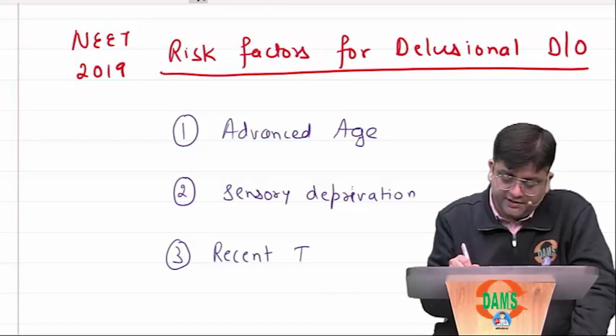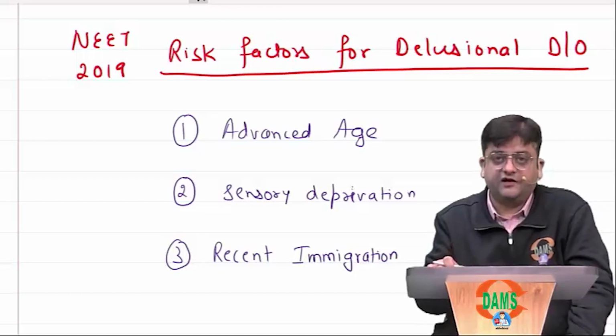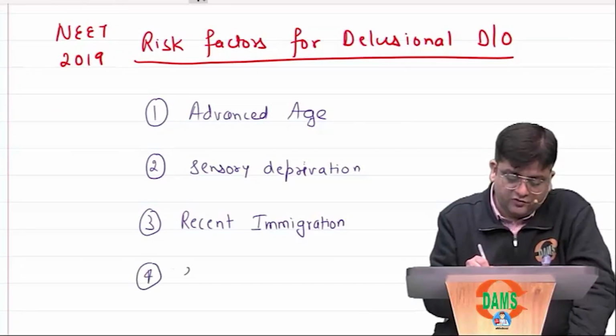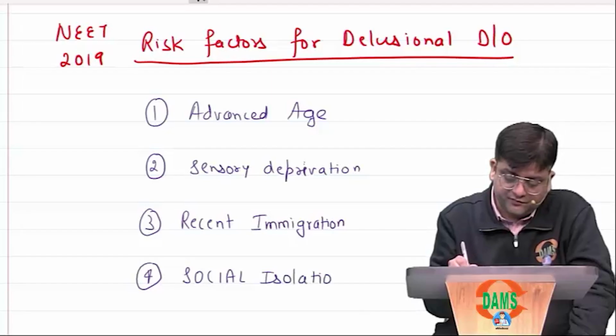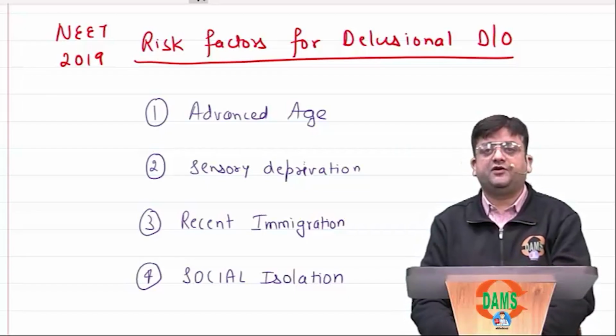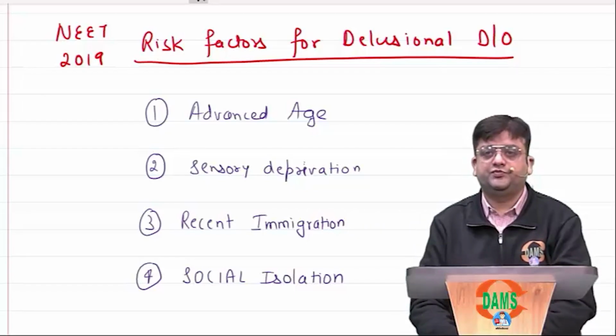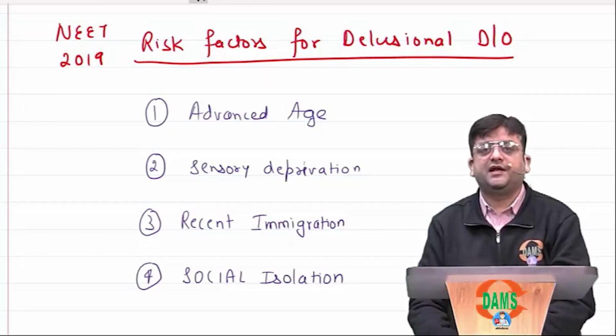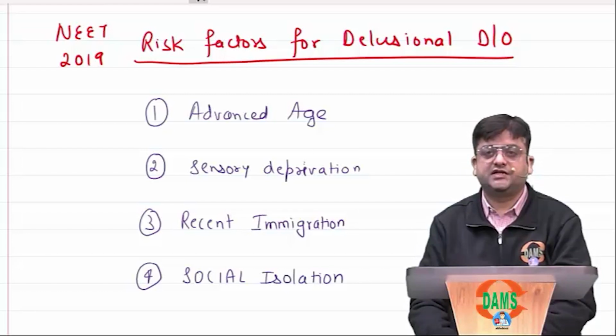A recent immigration, from one country to another, makes you at risk of delusional disorder. And fourth was social isolation. Socially isolated people are more at risk than people who stay in groups. So elderly, sensory deprived, recent immigrants, and socially isolated people are more at risk.